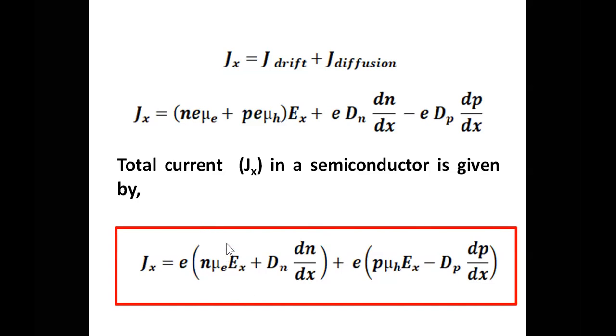Within the first term, the first part represents drift current of electrons and the second part represents diffusion current due to electrons. Similarly, in the second term, the first part represents drift current due to holes and the second part represents diffusion current due to holes. So this is the expression for the total current density possible within the semiconductor.